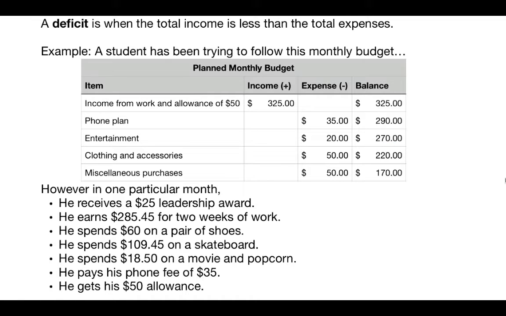Clothing and accessories, this person is looking to spend $50, so 270 minus 50 leaves you with 220. And if you subtract the other miscellaneous purchases at $50, you're left with 170. So that is what this person has planned as their monthly budget.